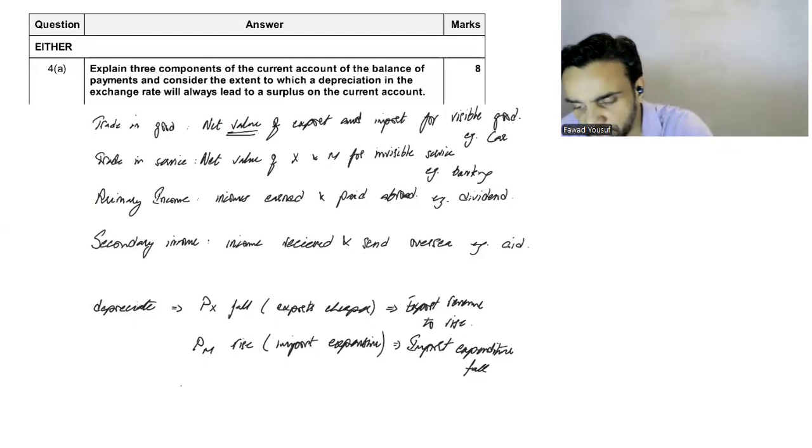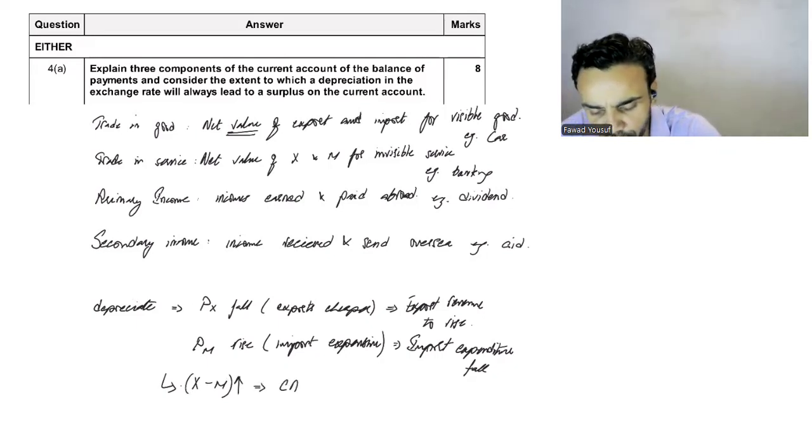So overall, as a result, since we wanted to show that depreciation will always lead to a surplus, we say that since export revenue is rising and import expenditure is falling, X minus M improves, and therefore the current account moves into surplus.